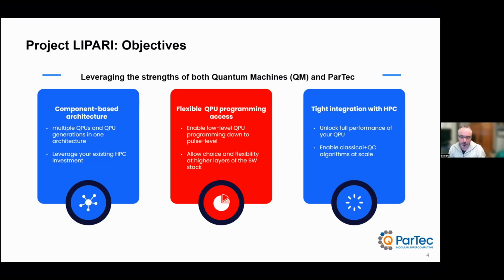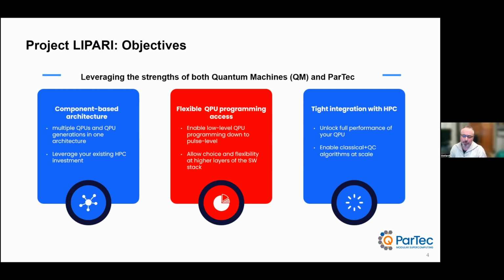You can think of the QPU as being the memory system and the control unit being the CPU, making it all work together. So they are able to attach most of the common QPUs which are available on the market to the control unit. And that's the first step we also want to enable.